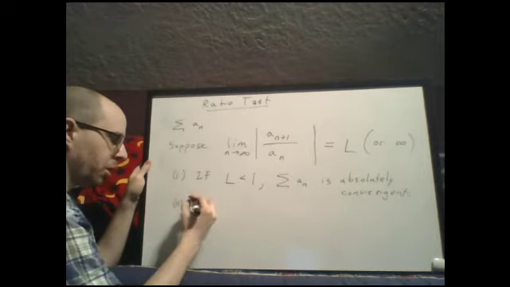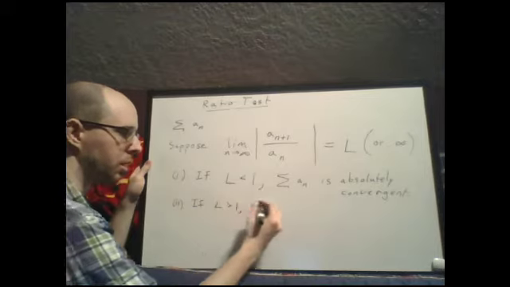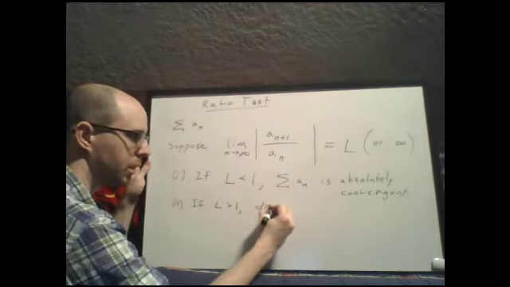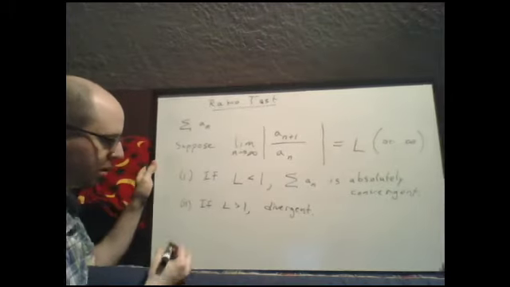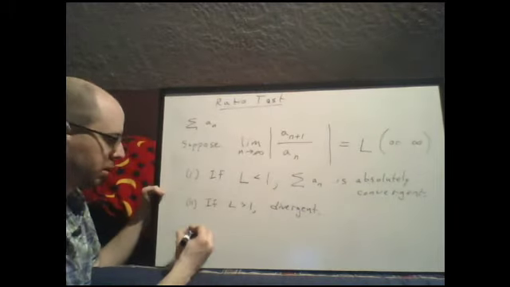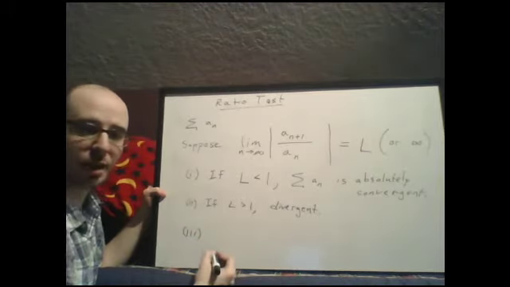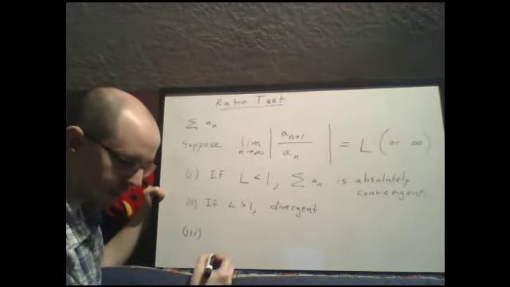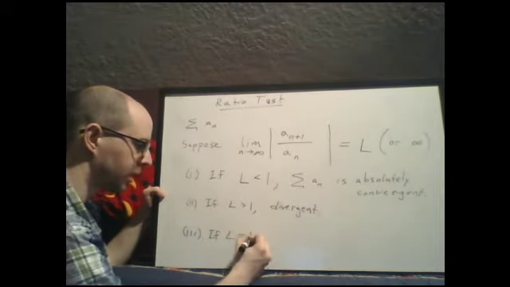If it comes out to be a large number, so if L is greater than 1, we get divergent. So the original series is divergent if that happens. And the third case is if L equals 1 exactly.